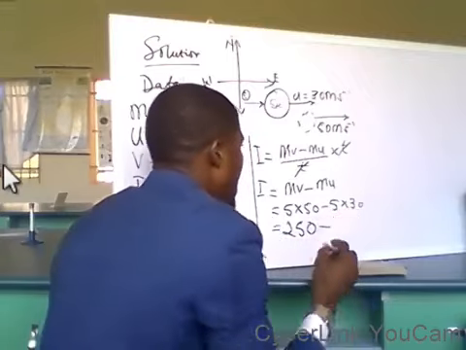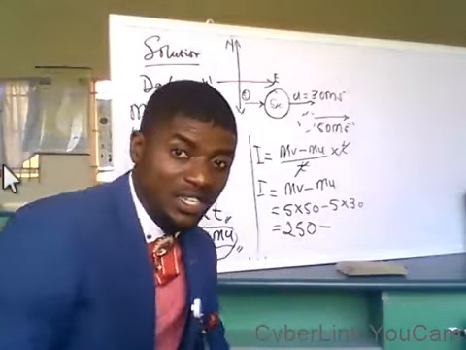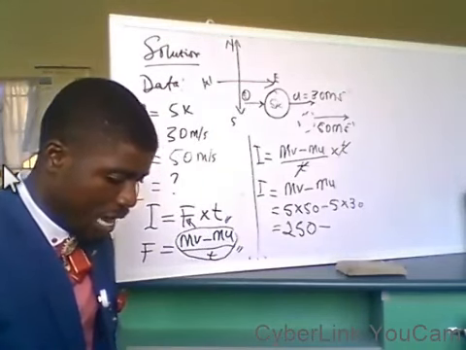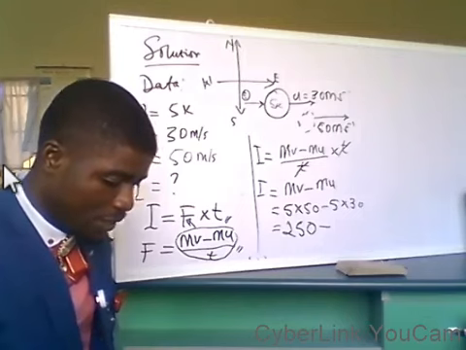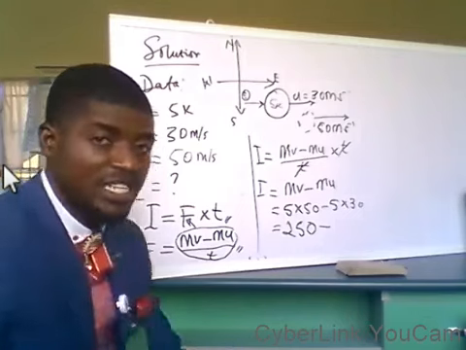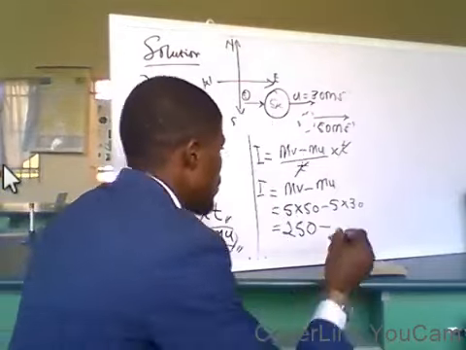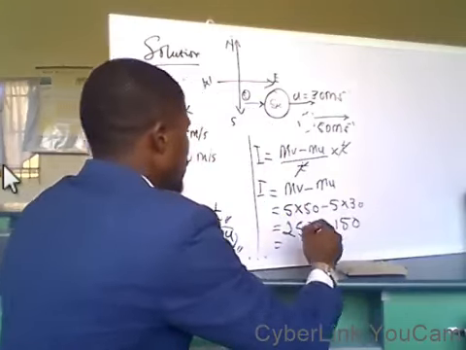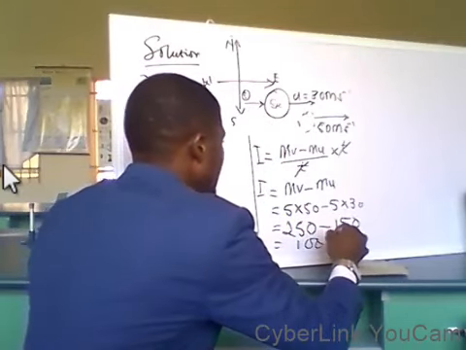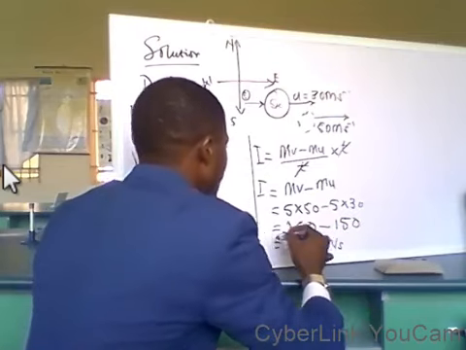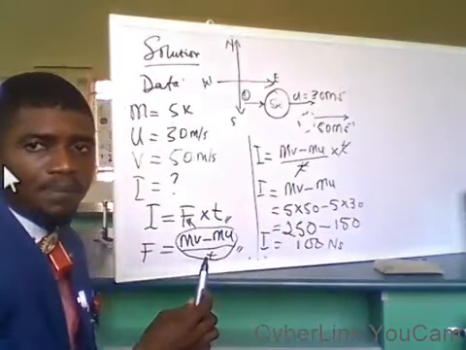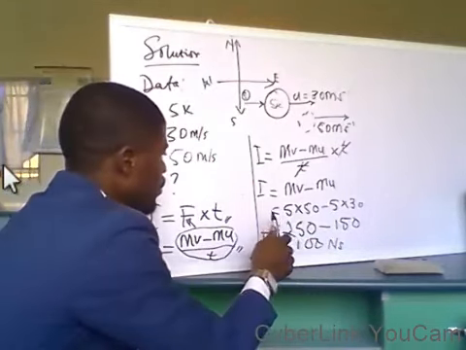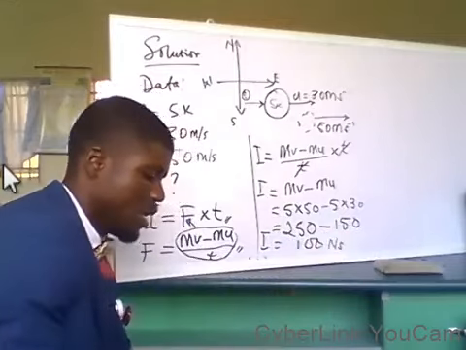And then minus 5 times 30, that is 150. And so, this minus this, you have 100 Newton second. And so, our impulse is 100 Newton second.